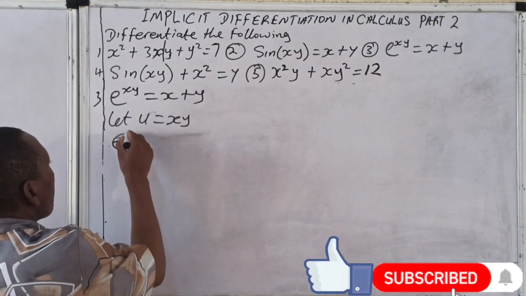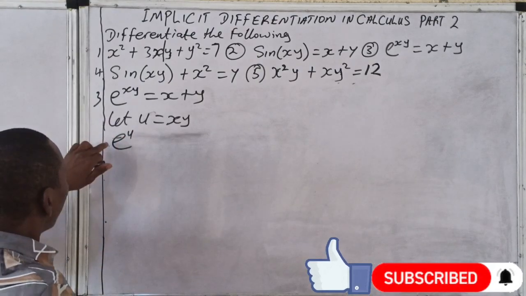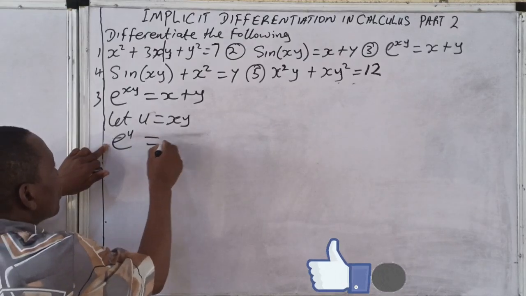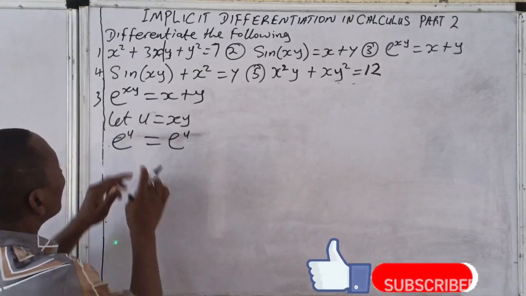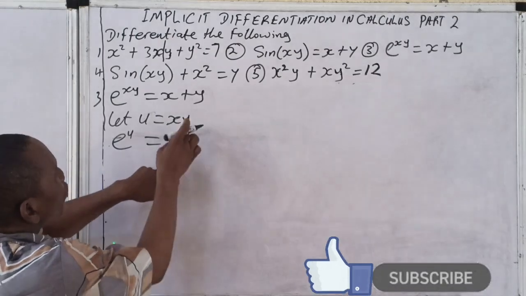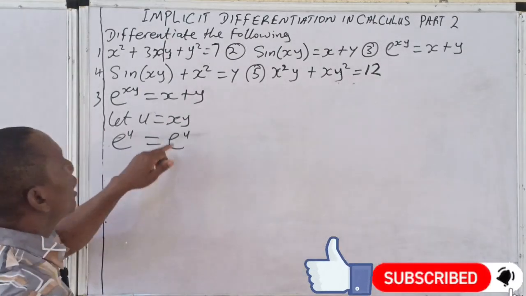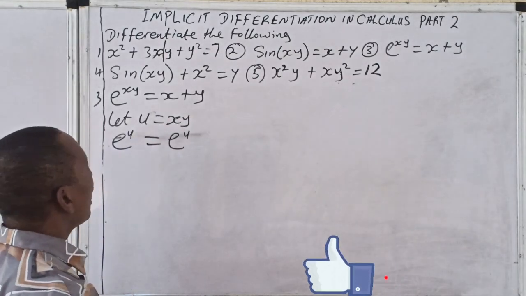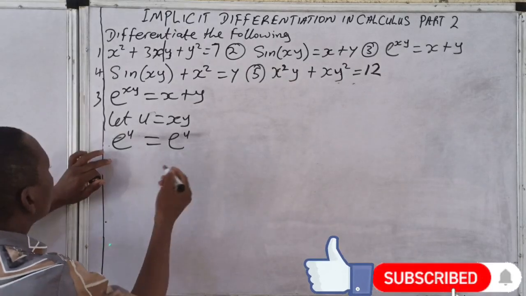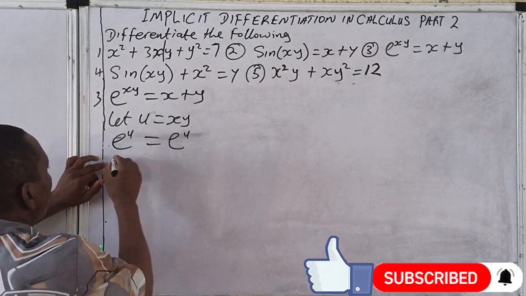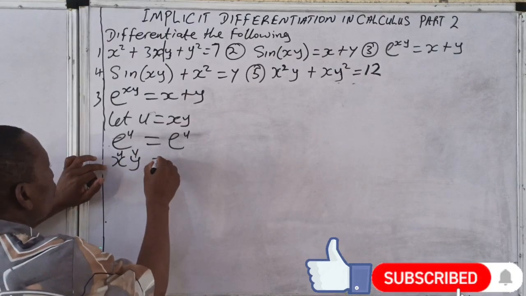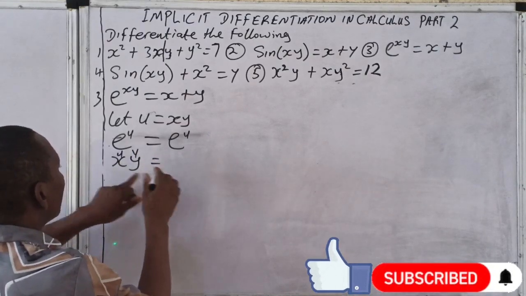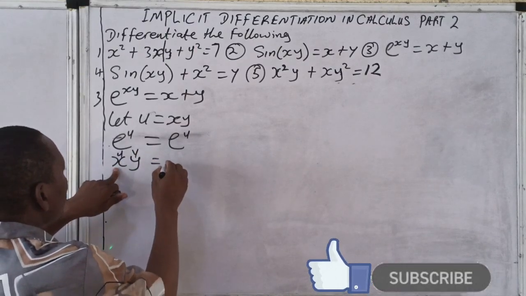If you differentiate this, to find the dy/dx of this, you will also get e^u. So this is the differentiation. Now after differentiating this one, we'll differentiate this one using the product rule also. And if you use the product rule, if you differentiate this xy, this is u and this is v, you automatically have this as your answer.